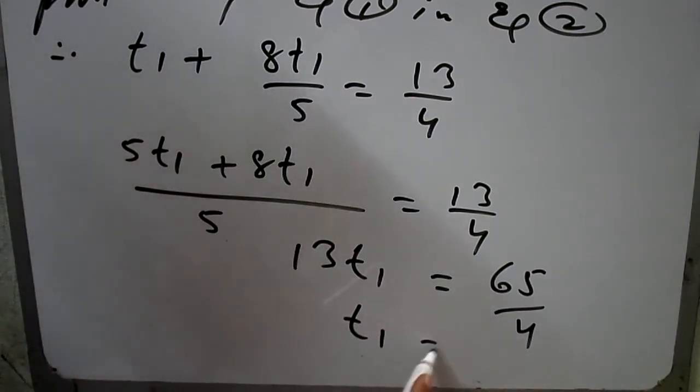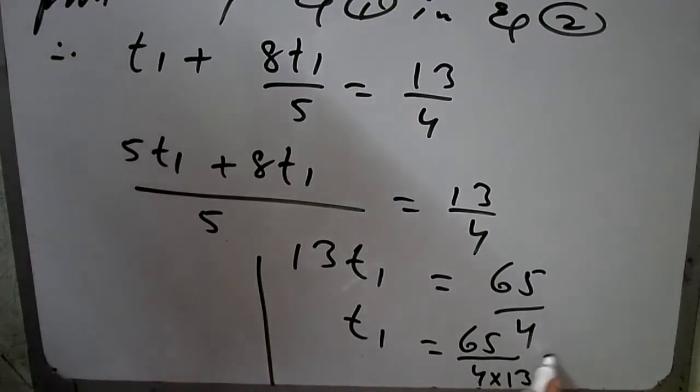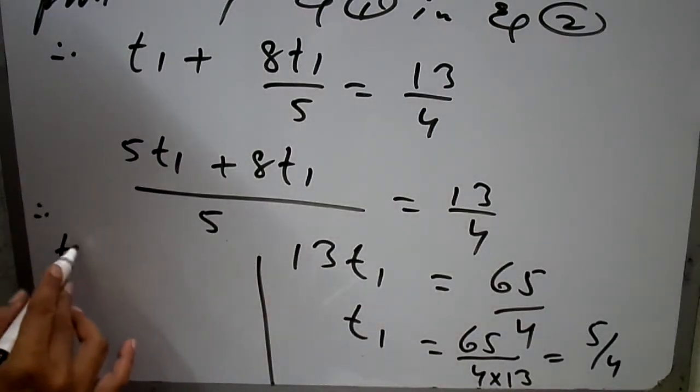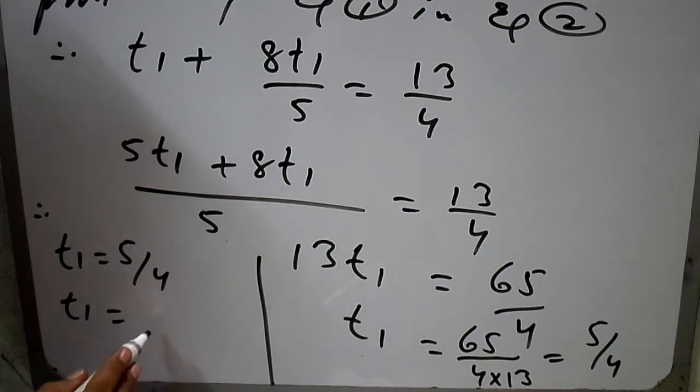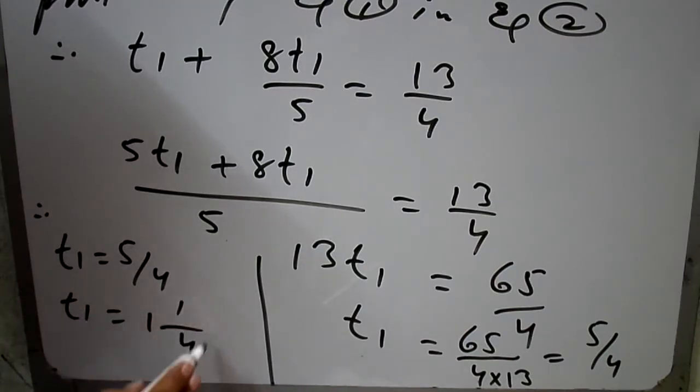So T1 is equal to 65 by 4 multiplied by 13, simplify it. 13 5s are 65, so you will get 5 by 4. Therefore the value of T1 is 5 by 4, or 1 whole 1 by 4 hours.